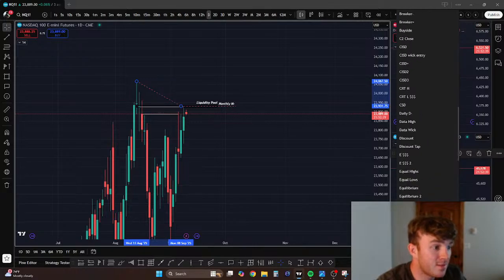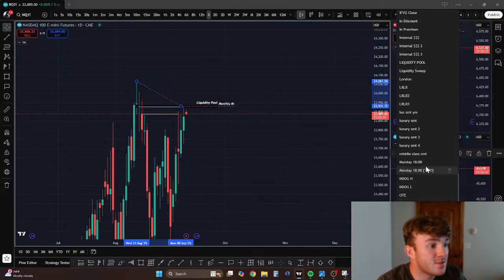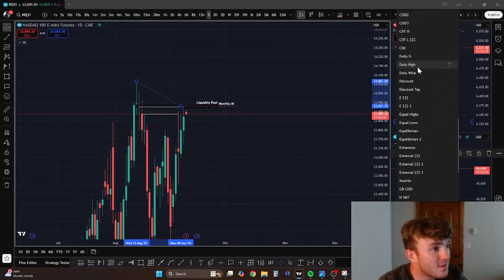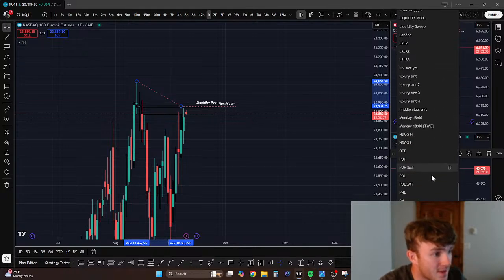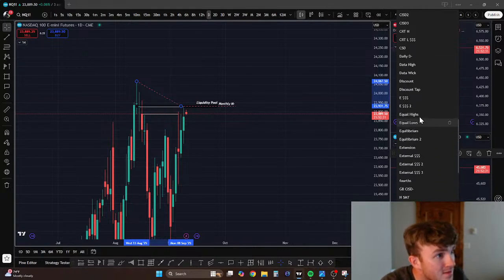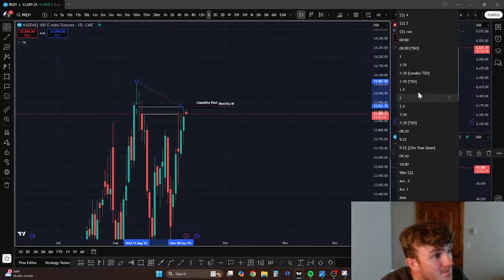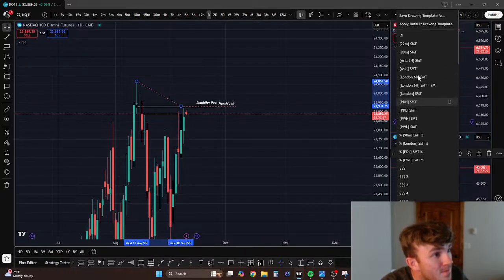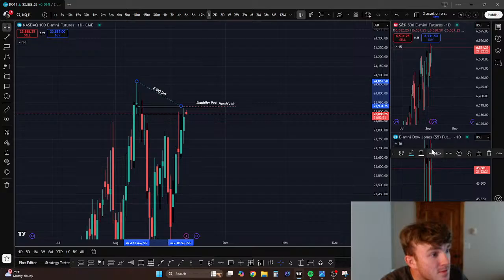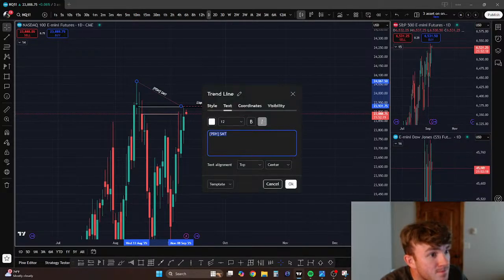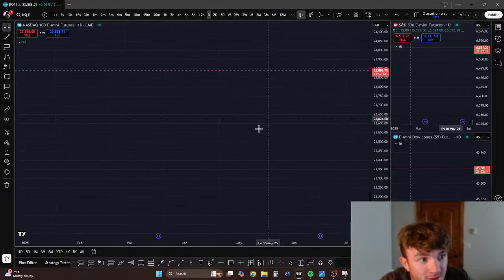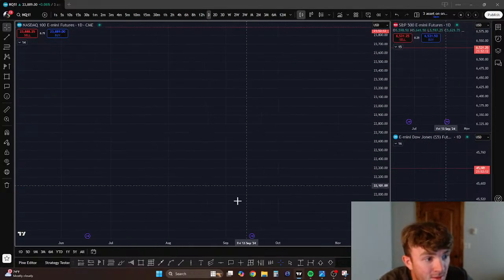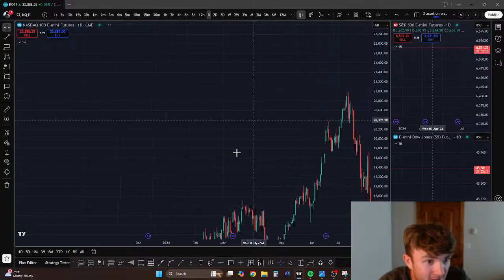And similar to what happened, hang on a second. Similar with what happened over here on the daily chart all the way back here.